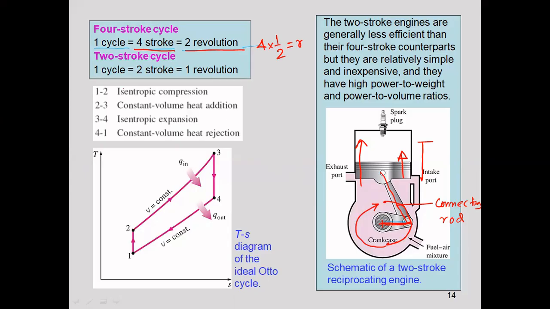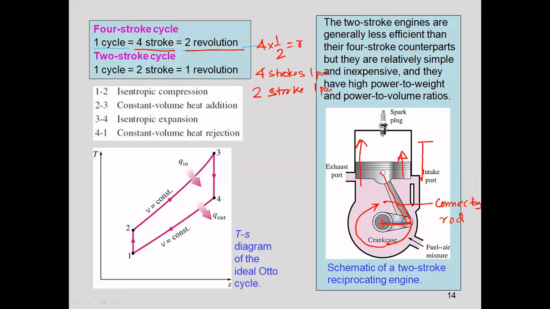Four stroke means you have one power stroke out of four strokes in a four stroke cycle. But in case of two stroke, you have two strokes, and out of two strokes there is one power stroke.